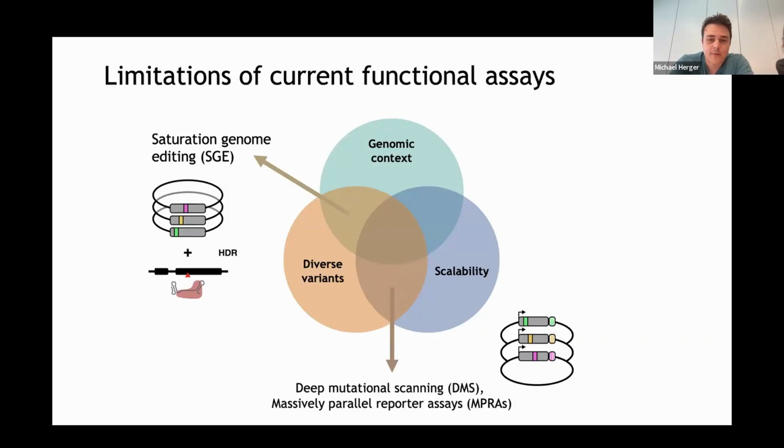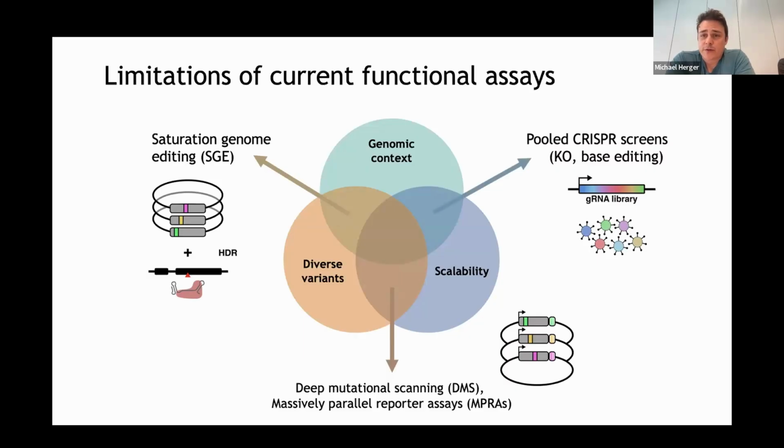However, unlike DMS and MPRAs, scalability is much reduced, and that comes from the fact that variant effects are determined from sequencing out variants at their endogenous locus. So in practice, SGE experiments are confined to a small genomic region of around 200 base pairs.